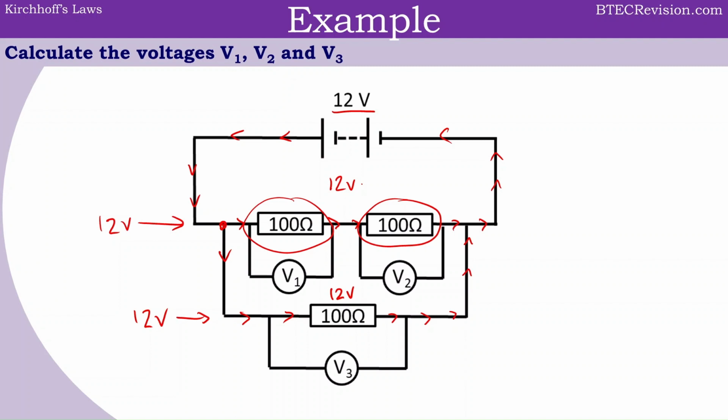So for V3, which is reading across this resistor, we should have 12 volts. And for V1, since the voltage is shared, it should be 6 volts. And V2, since it's shared equally, should be 6 volts as well.